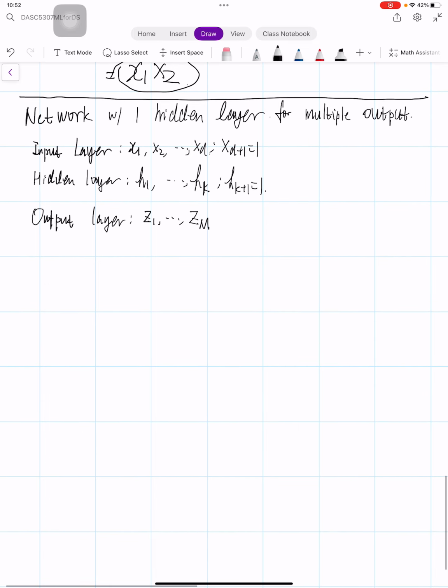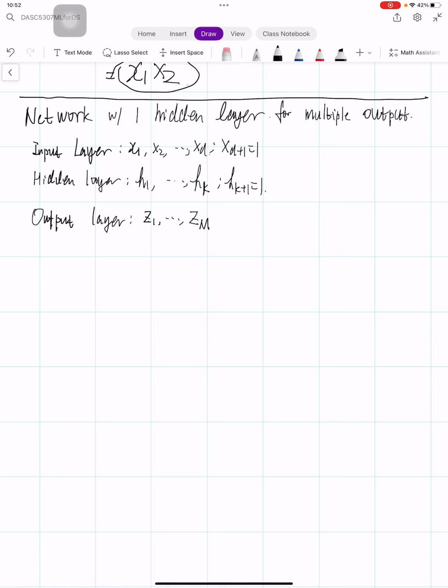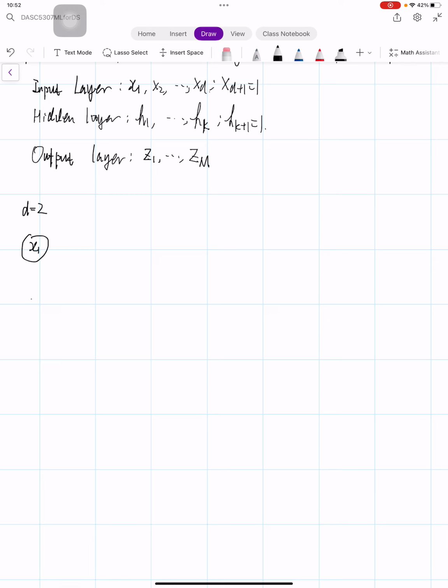Let's use just one simple example so you can see what I'm talking about here. Suppose d equals 2, so we only have two features in our data: x1 and x2.